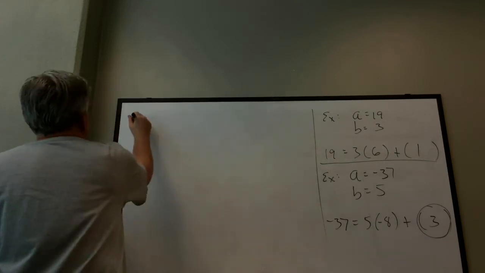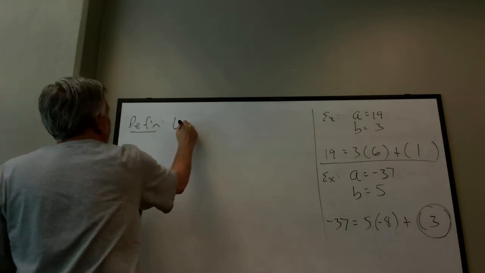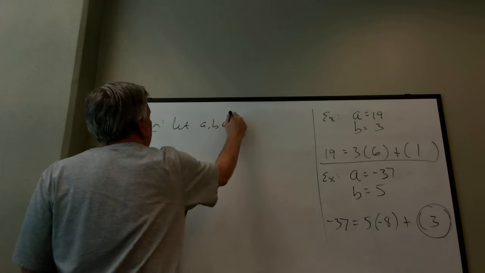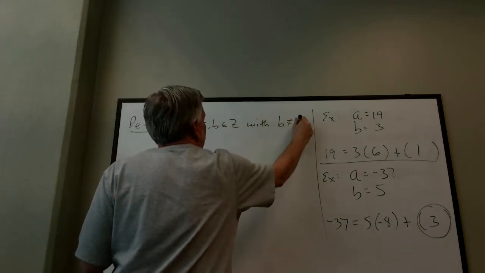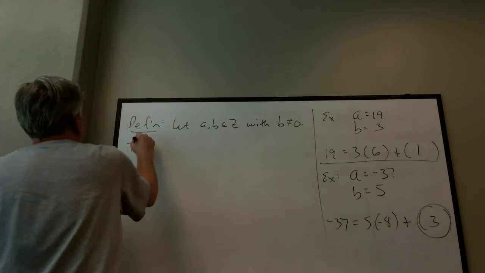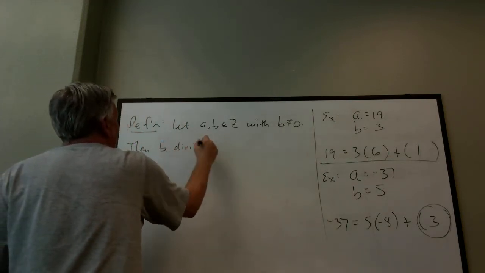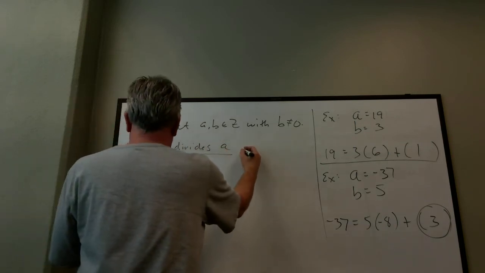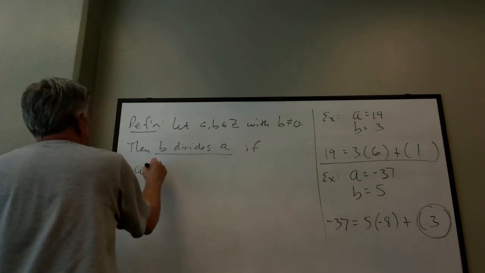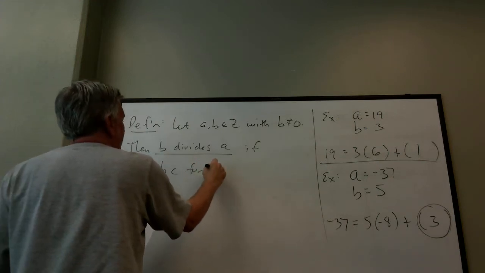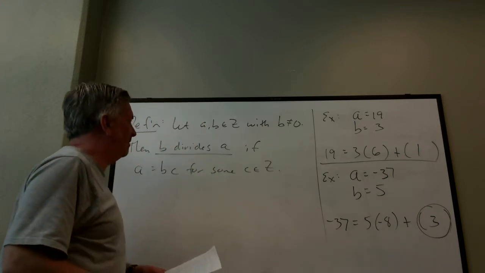Okay, now we have a definition, which you learned in Math 223. Let a and b be integers with b not equal to 0. Then b divides a if a equals bc for some c in Z. Remember, capital Z here being integers.